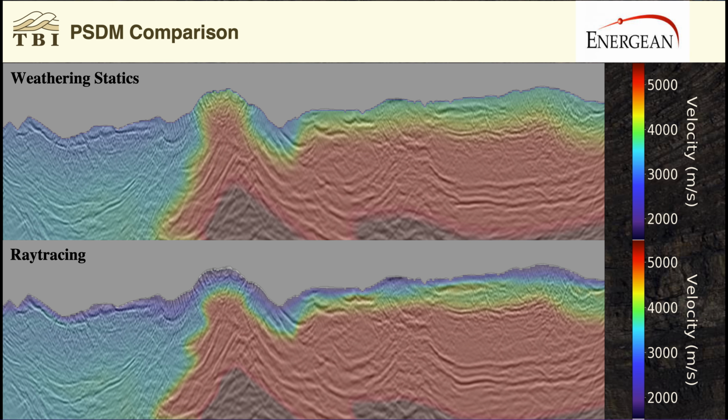And on the bottom, we have the pre-stack depth migration with no statics at all, just ray tracing through the new depth velocity model with the near-surface velocity model superimposed. There's an area here on the east side that shows improvement. So there was some complexity in the near-surface velocity model that couldn't be handled well by the vertical statics approximation, something that ray tracing was able to improve upon.